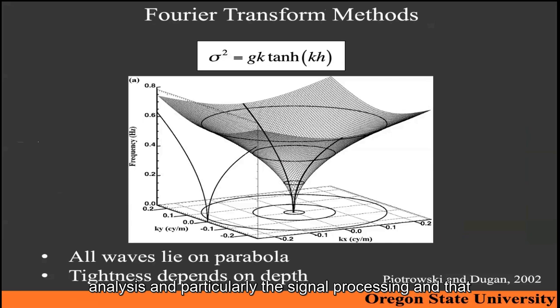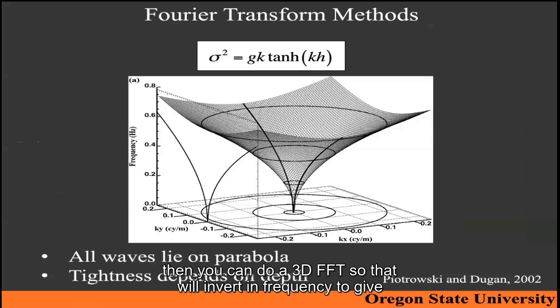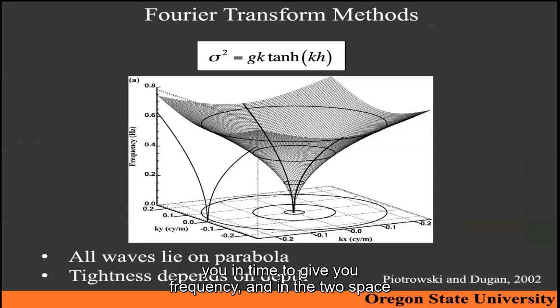The next step was to get a little more sophisticated in the analysis, and particularly the signal processing, and that was to use Fourier transforms. So if you have a bunch of data in spatial maps, X, Y, and in T, then you can do a 3D FFT. That will invert in time to give you frequency, and in the two space domains to give you the components of wave numbers.